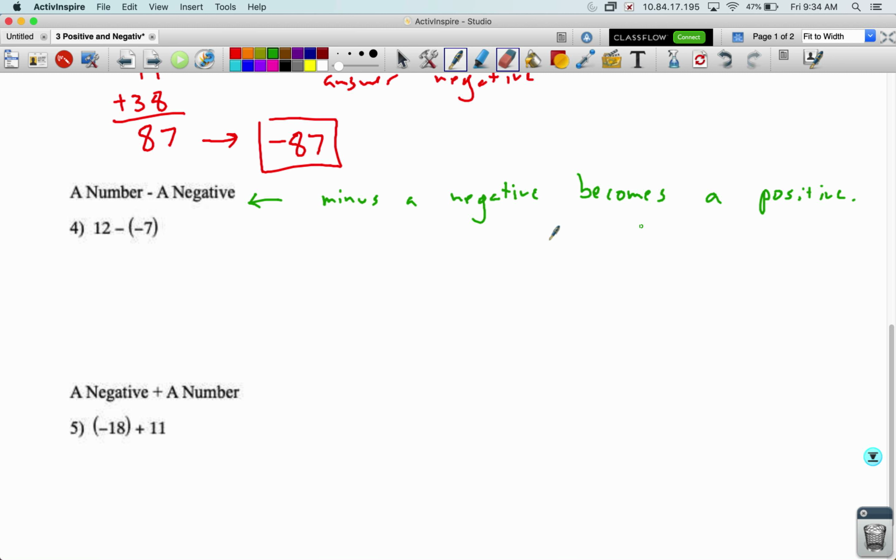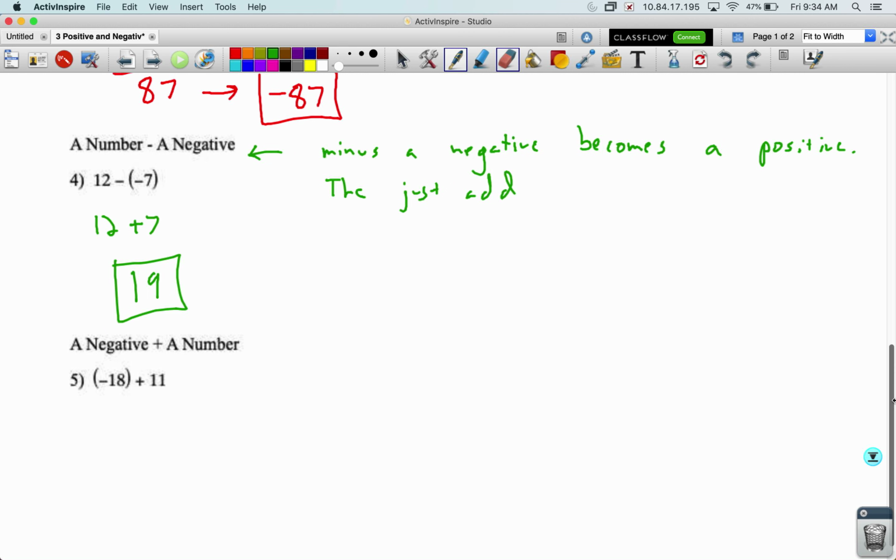All right, then just add. So 12 minus a negative 7 is the same as 12 plus 7. If this is a bigger number, you could add it column by column. But I think we all know 12 plus 7 is 19. All right, and it just stays a positive number.